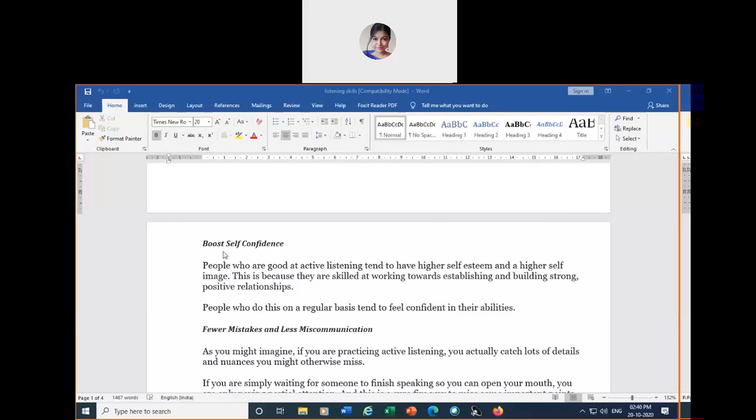The next point is it boosts self confidence. If you are a good listener, you will be able to increase your self confidence. Why? I'll be telling you. Once you listen to the other person properly, you'll be able to build strong and positive relationships.